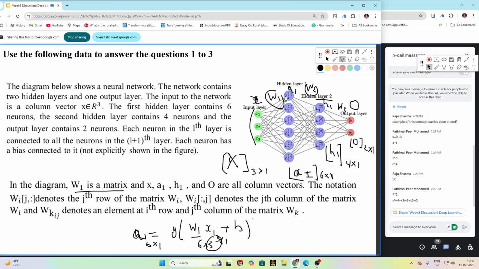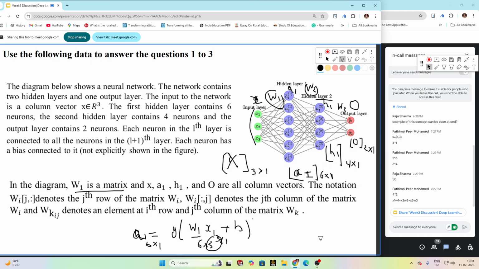W1 will be 6 cross 3, W2 will be 4 cross 6, and W3 will be 2 cross 4. Is it clear? Yes, sir. So basically the dimension depends on the immediately previous layer and the current layer, right?